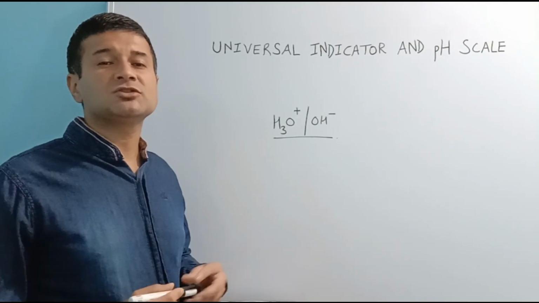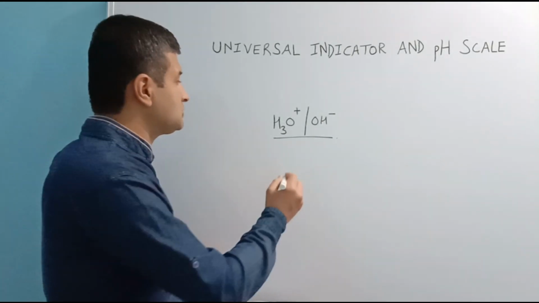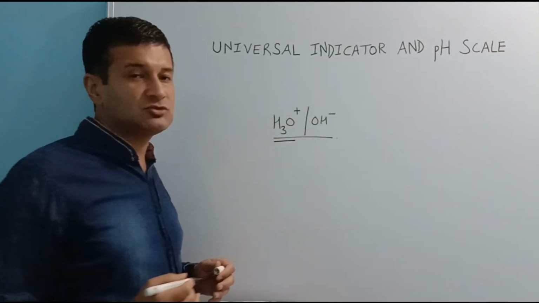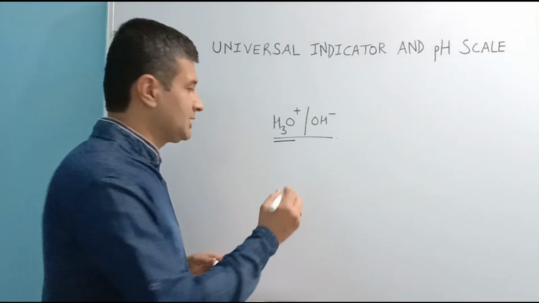For measuring the concentration of hydrogen ions or hydronium ions in a solution, we use the pH scale.